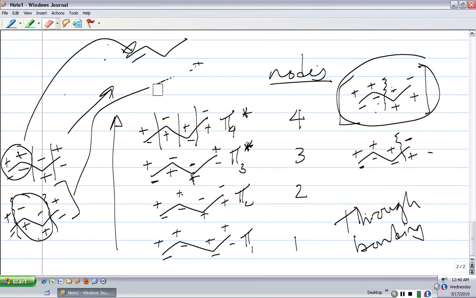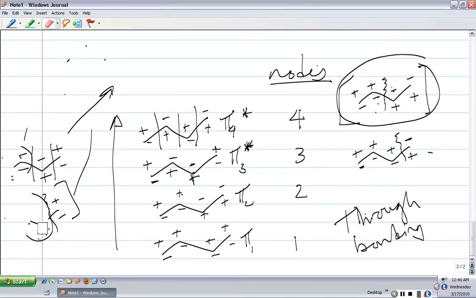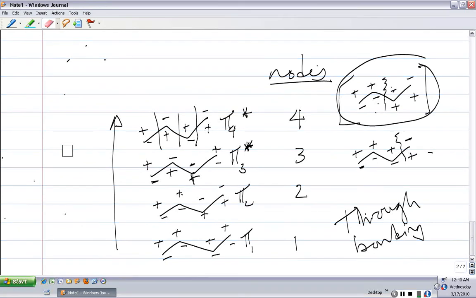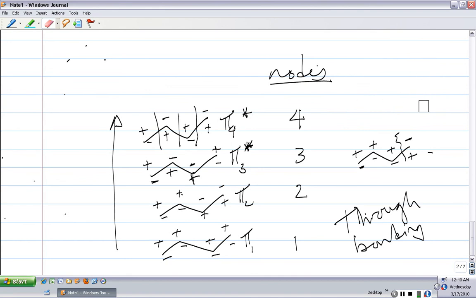So I can look at it in terms of the number of nodes, or in terms of bonding and anti-bonding and so on. There are no non-bondings in the P4 system. And one of the things I want you to realize, of course, is that the number of nodes is a measure of the stability of the species.